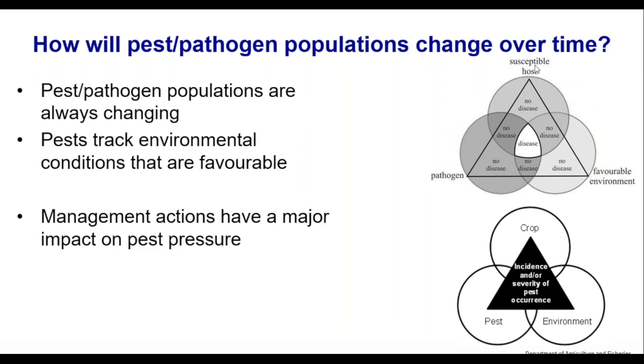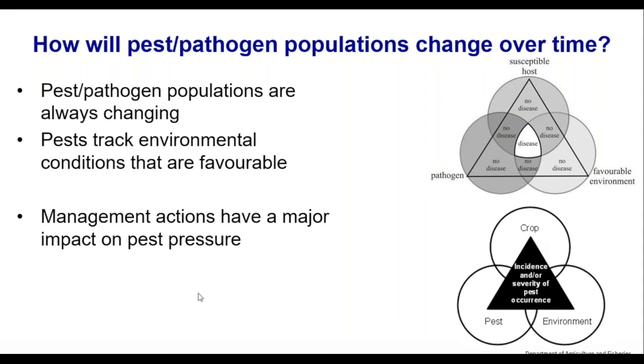If you've got a susceptible host, the pathogen is present and the favorable environment, you get more disease than if you have resistant or don't have the host present at all. We've all seen, well, hopefully we have all seen these pest triangles. Same with pests. If you've got the pest, the right conditions and the right crop, your incidence and or severity of that pest is going to be worse.